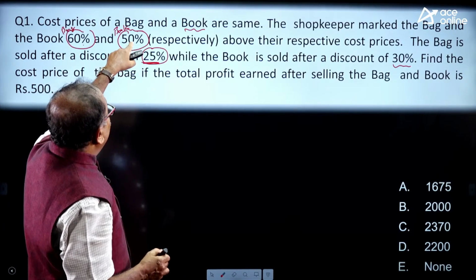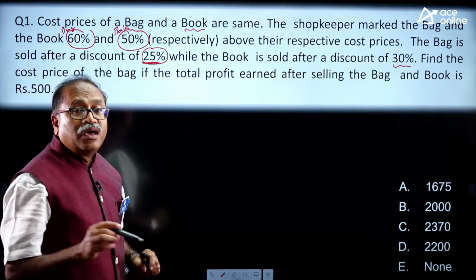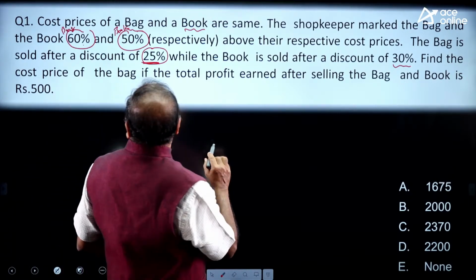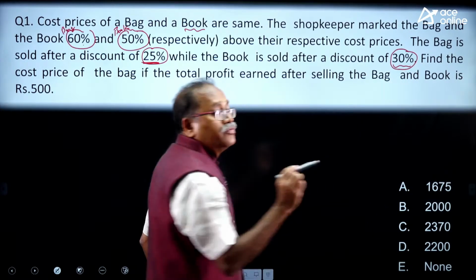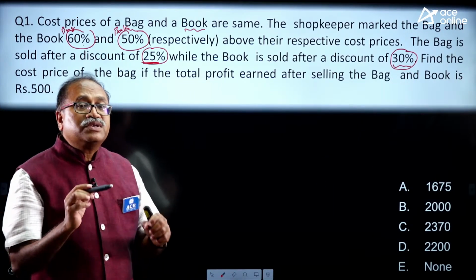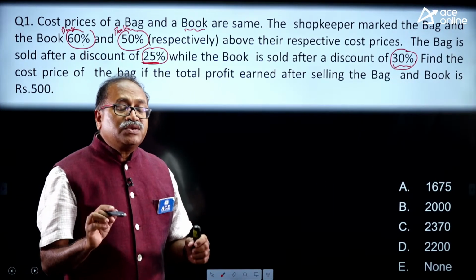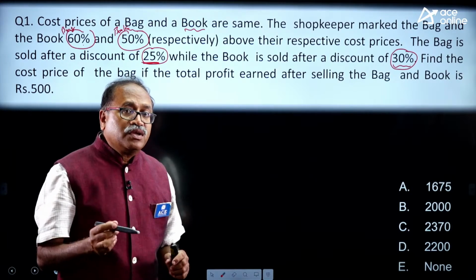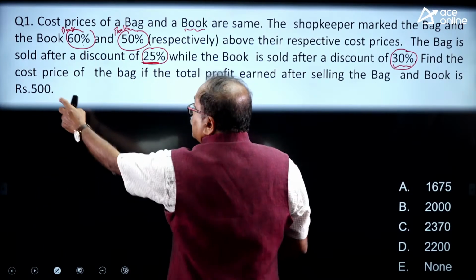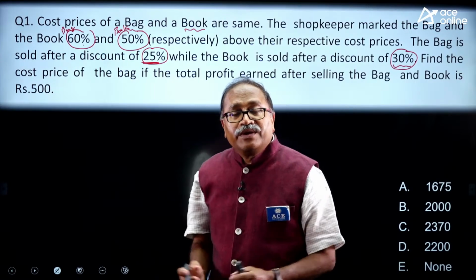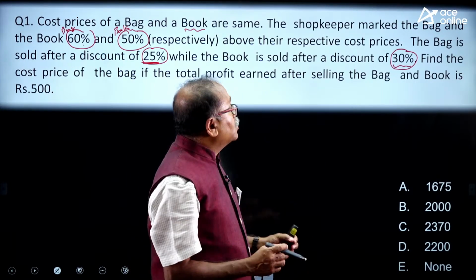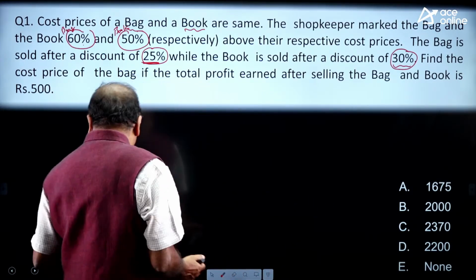Now coming to the book, 50% markup while the discount given is 30%. By using these two pieces of information you can get the profit percentage on the book. And once you get the profit percentage on the bag and book, you can find out the overall profit percentage, which is equal to 500. By using that you can find out the cost price of a bag and the cost price of a book. So let's begin here.